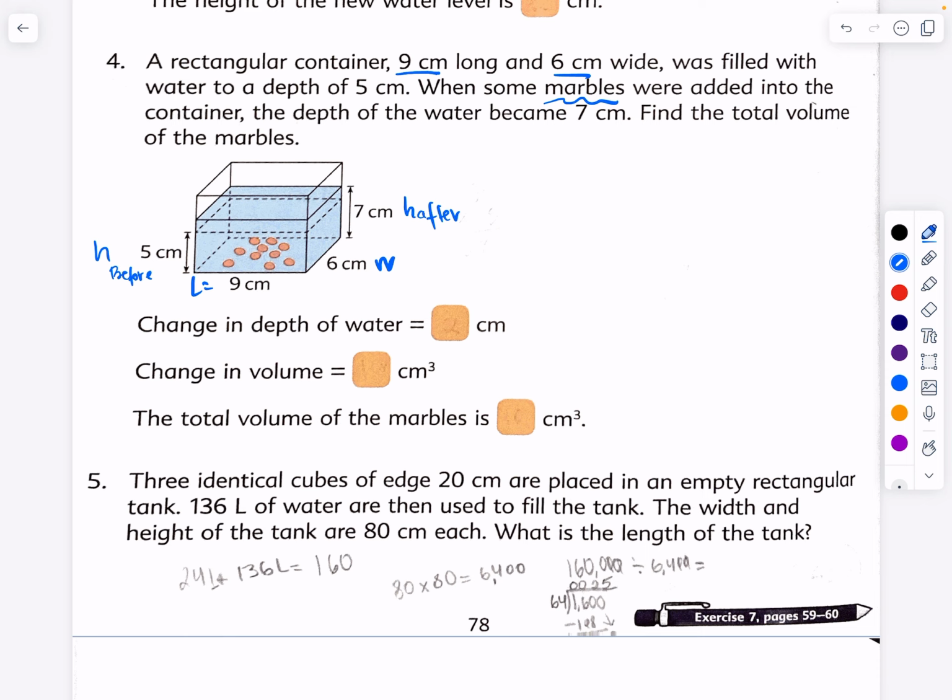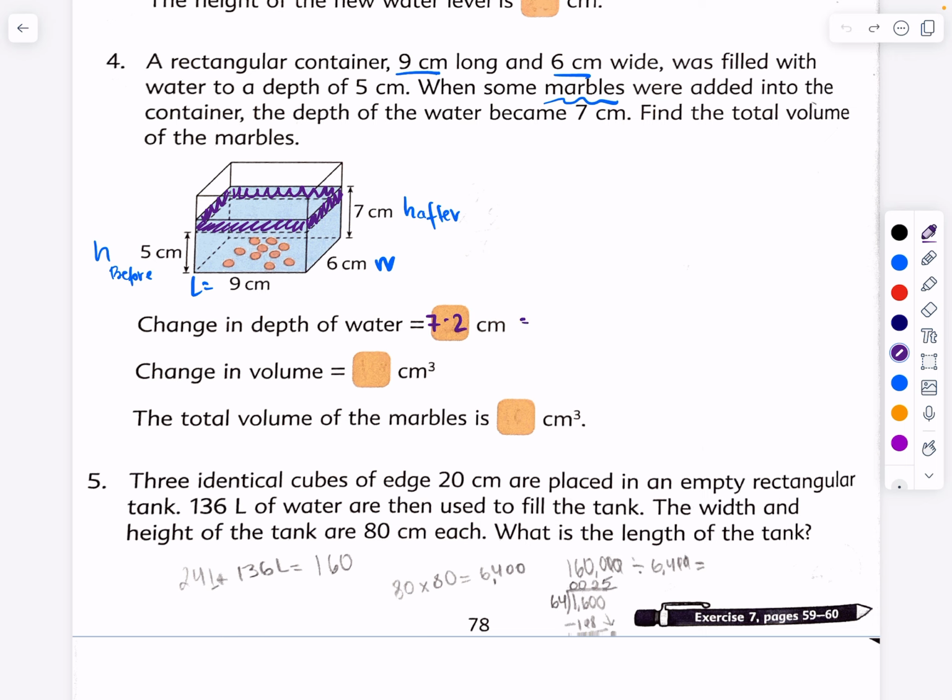What happened? Of course, we have a change. We have water displacement. The moment we add an object to a container full of water, we will have some water level going up. It's called displacement. In this particular case, the change of water level is 7 minus 5.